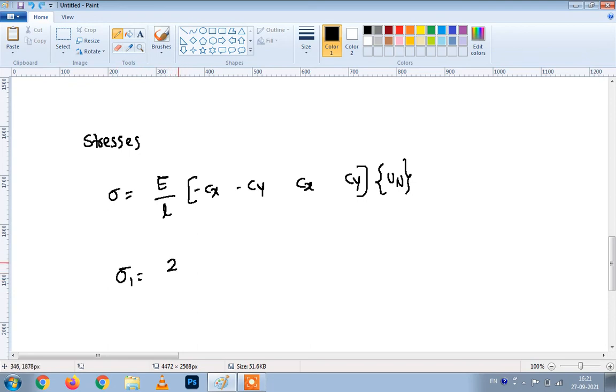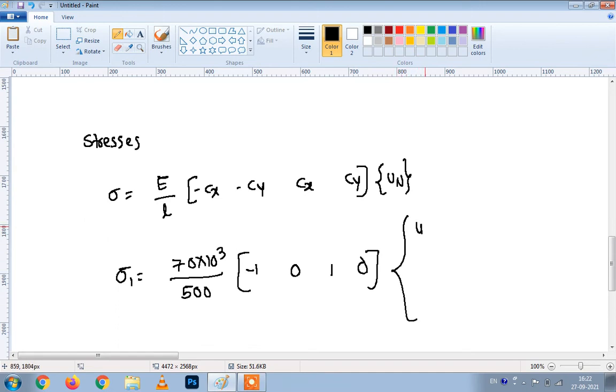the value of E, it is 70 into 10 raised to 3, divided by L, it is 500. The value of Cx, if you remember, for element number 1, Cx is 1 and Cy is 0. Into, now U1 V1, U2 V2.